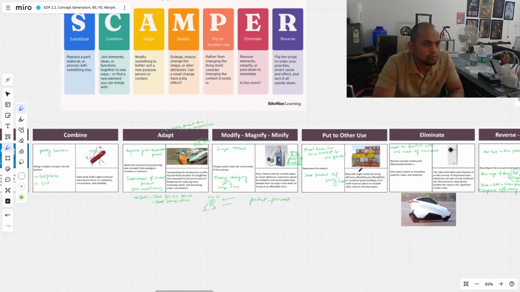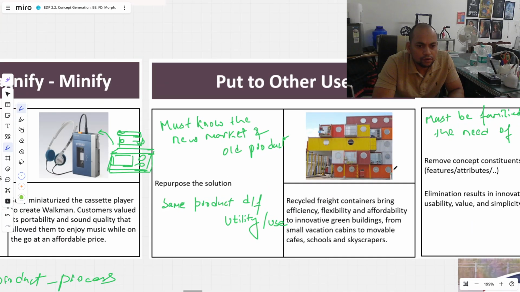Another one, after M comes the P, which is put to other use. Here what is happening is you are bringing the product from one domain, slightly modifying it, and then using it in another domain. So this is a shipping product, the shipping container from the shipping industry, and you are using it in the housing industry. You are using it for cafes, schools, and skyscrapers.